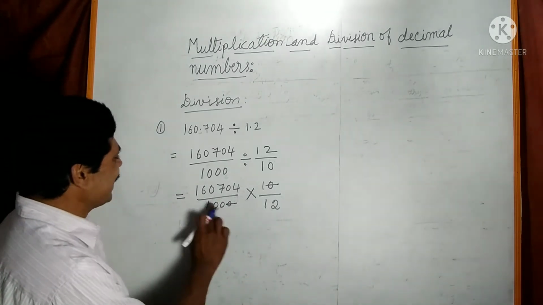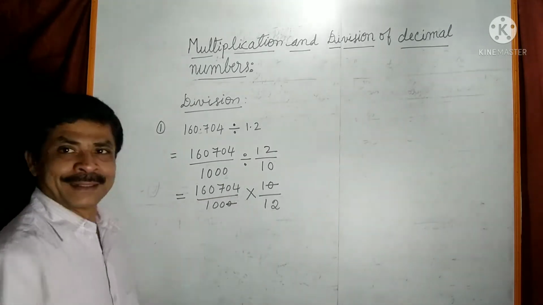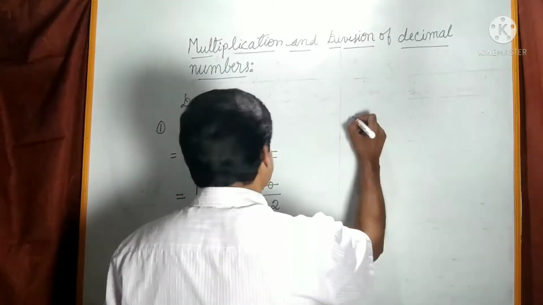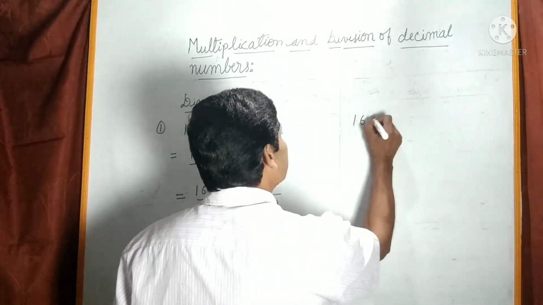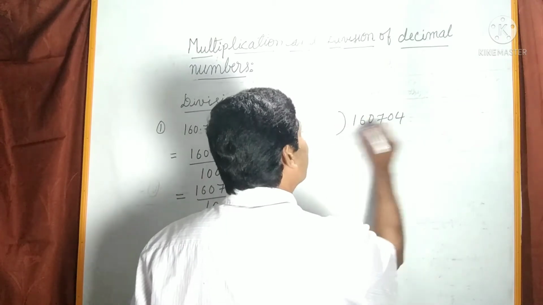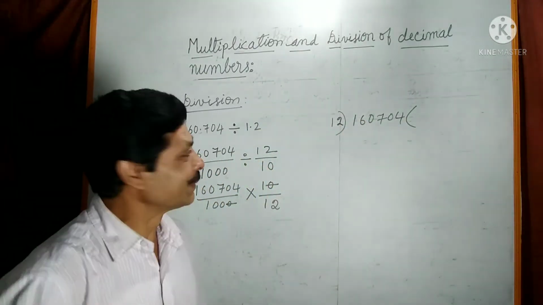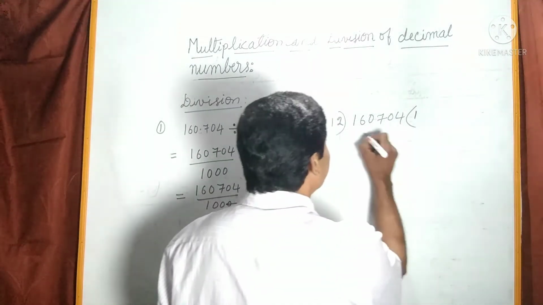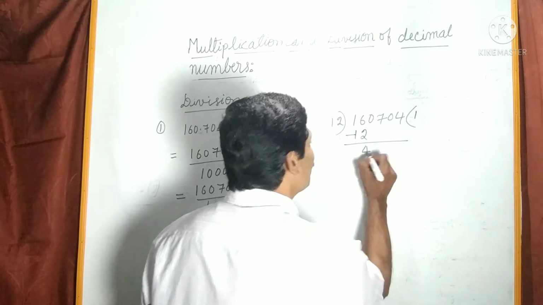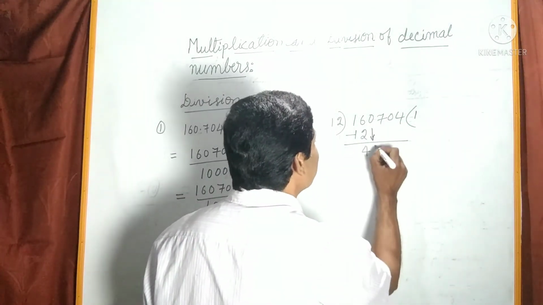Now we will divide the numerator by 12. We will take here, divided by 12. 12 1 the 12. 4 is there. Now we will pull down 0.